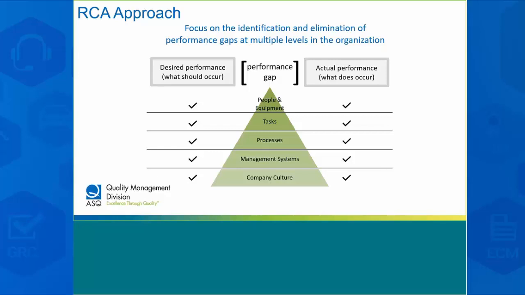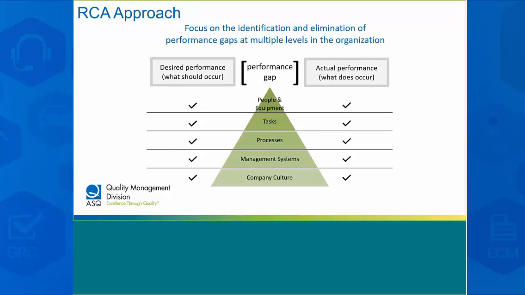When implemented correctly, we're going to learn a lot about our organization. RCA is focused on the identification and elimination of performance gaps at multiple levels in the organization. And this is what the slide represents.